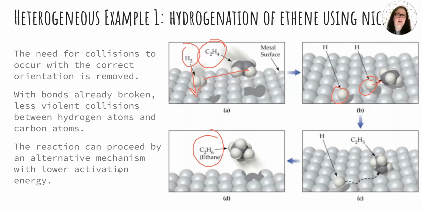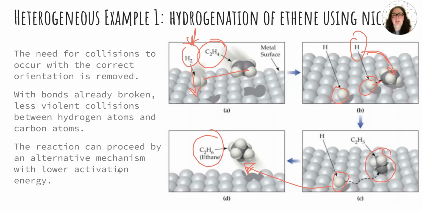And it doesn't require anywhere near as much energy when this monatomic H reacts with ethene. It's very low energy, as opposed to H2, because you've got to put in a lot of energy to split them up. So the monatomic hydrogen will bond with the ethene, and then you'll slowly start to get to the next step. It's one at a time. And then you'll get to the ethane, which is the goal.